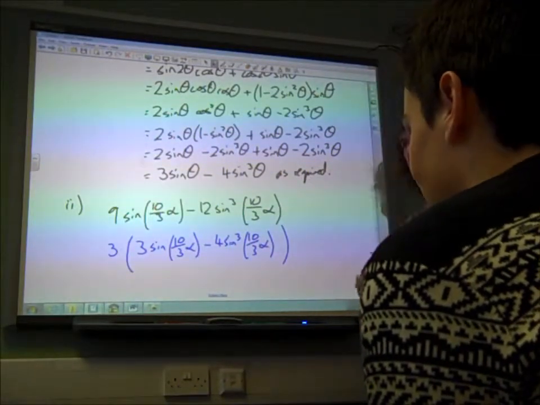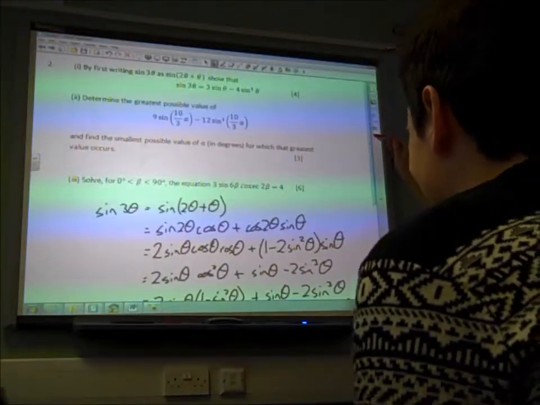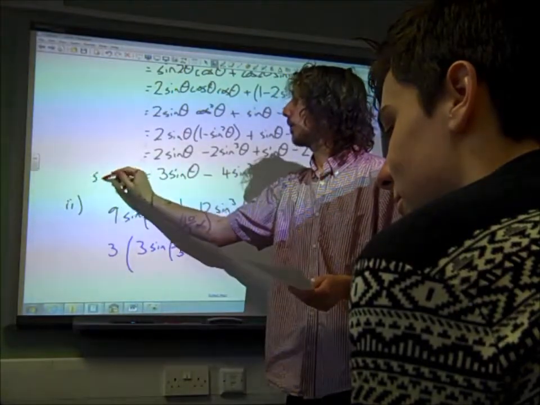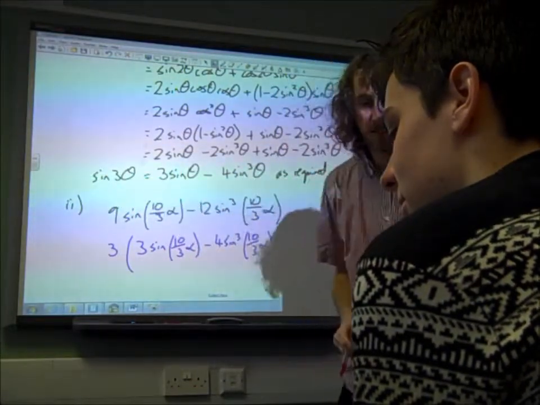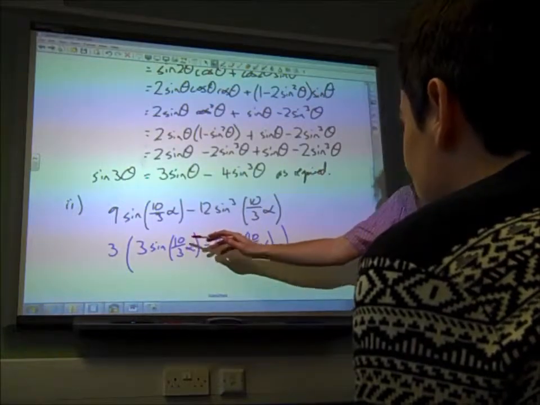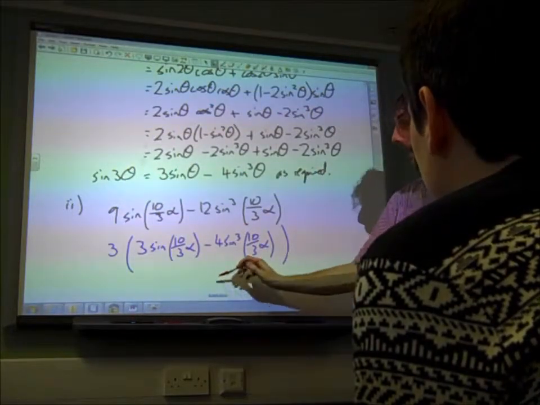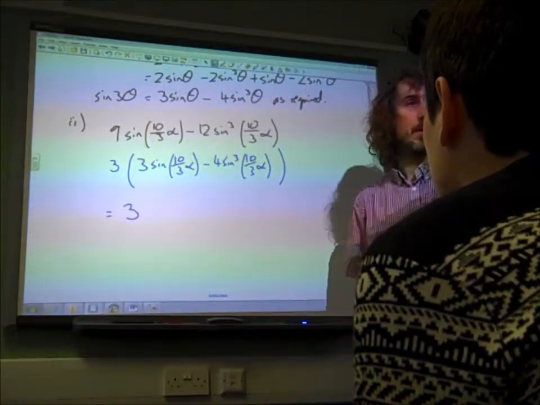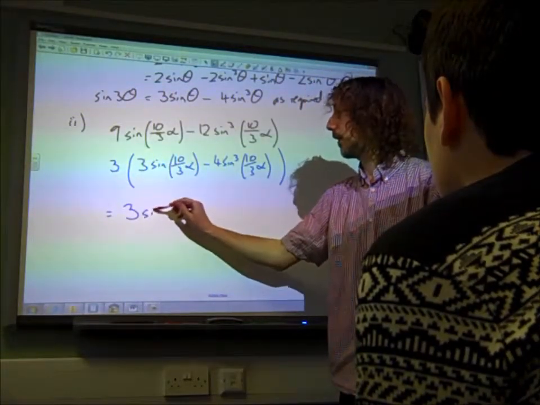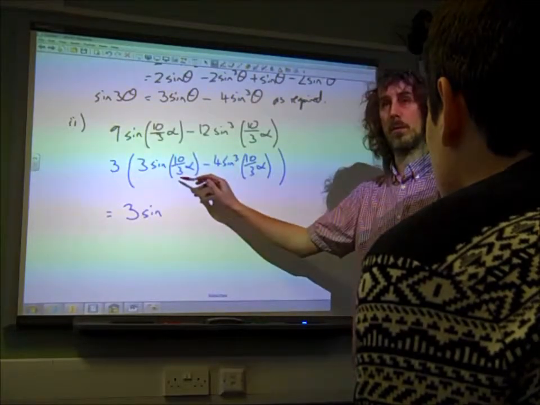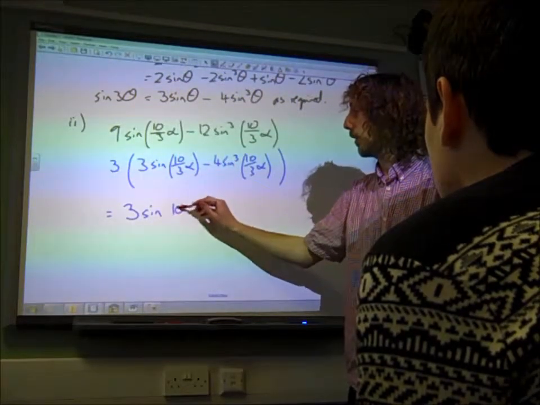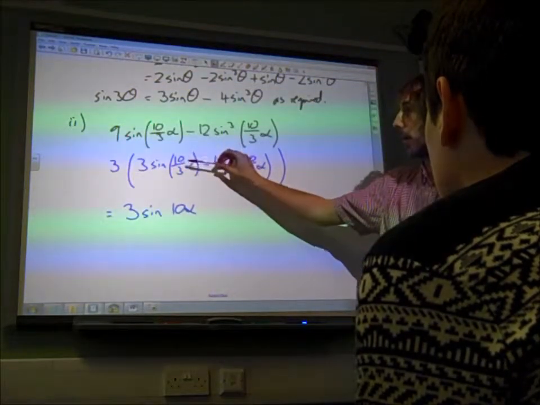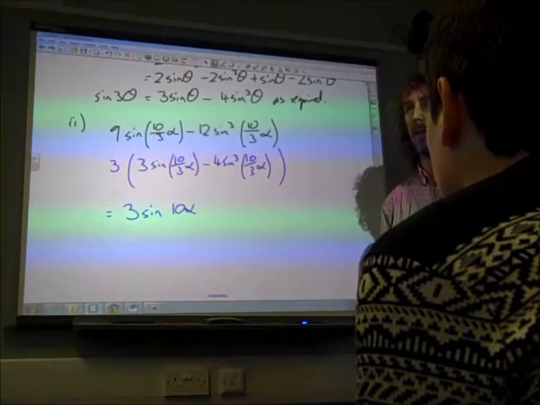Okay, and remember that the question came into this with this being sine 3 theta. So this lot here is the same as 3 times sine of 3 lots of this angle. And 3 lots of that angle would be 10 alpha, wouldn't it? So this we could just write as 3 sine 10 alpha.